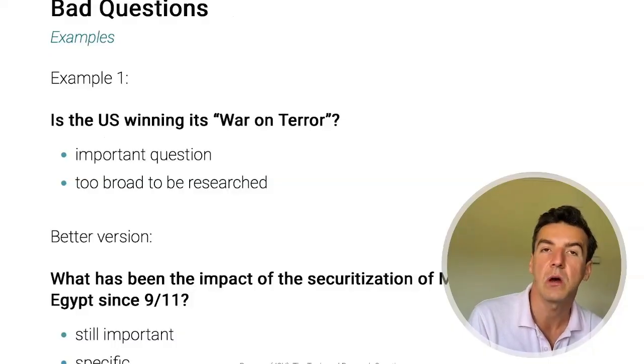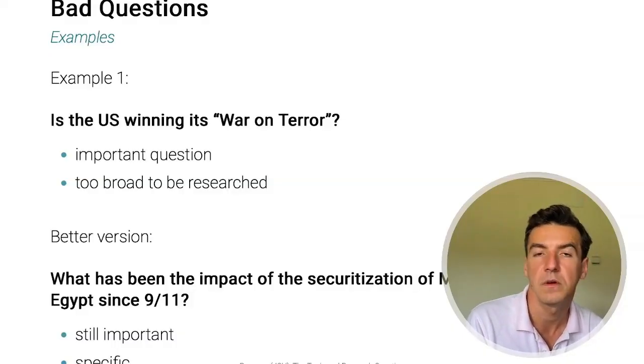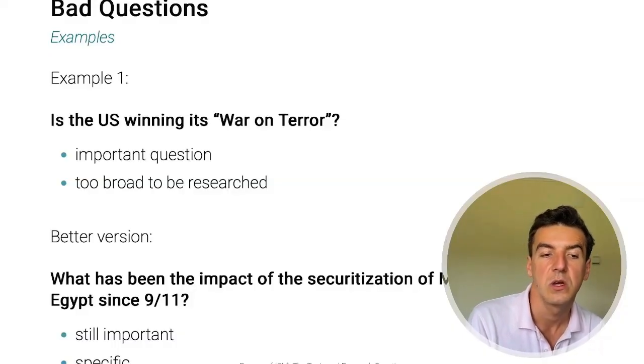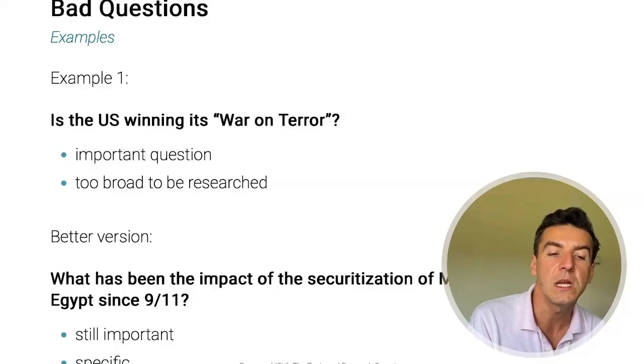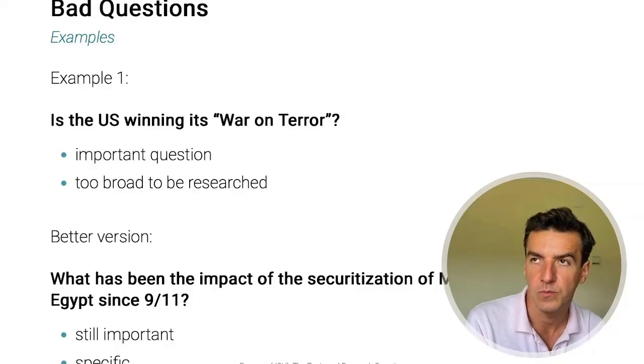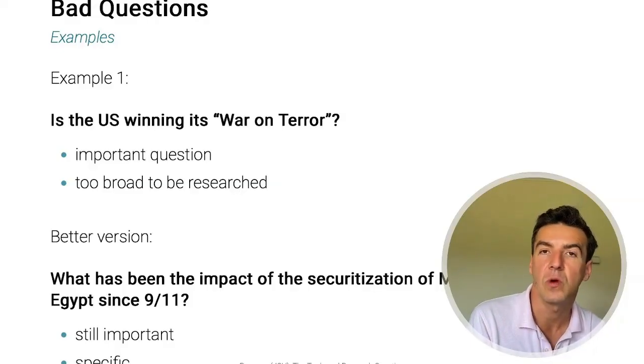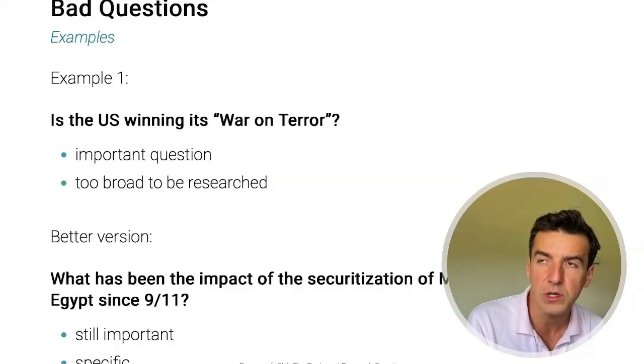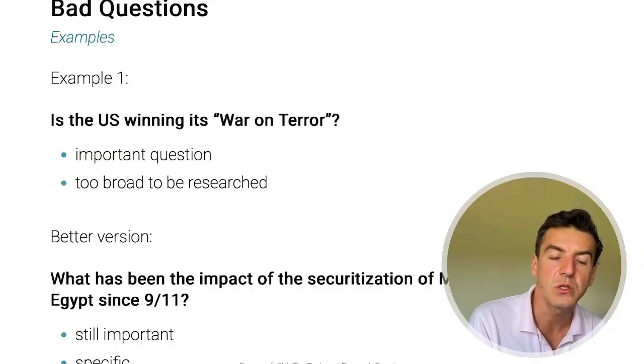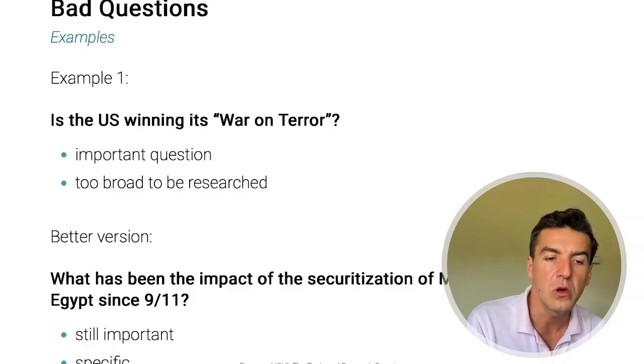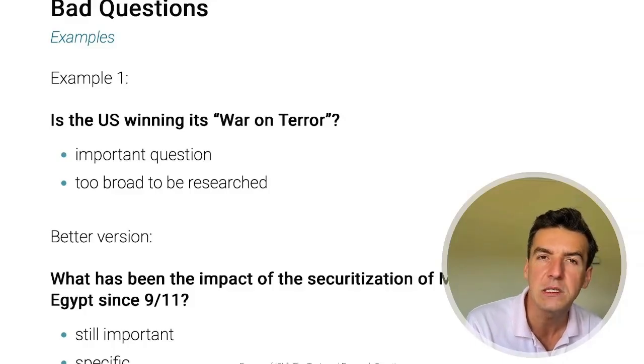So here are some examples of research questions. Is the US winning its war on terror? This is a general question. It's an important question. But the problem with this question is that it's too broad to be researched. We do not know what the war on terror is and what counts as winning.